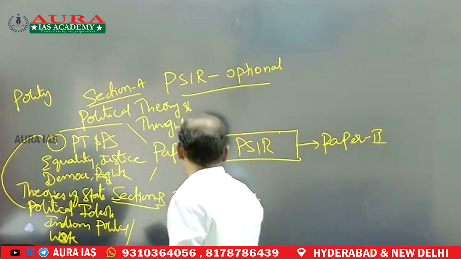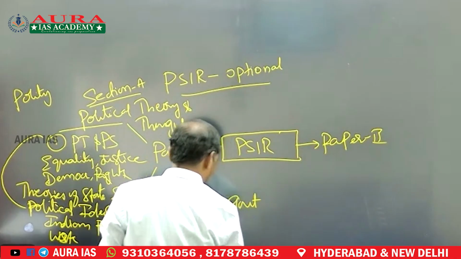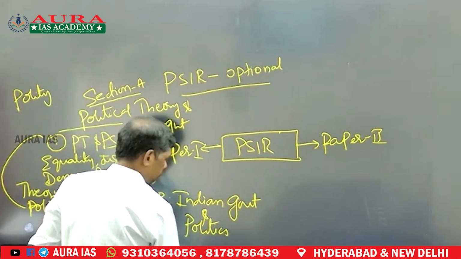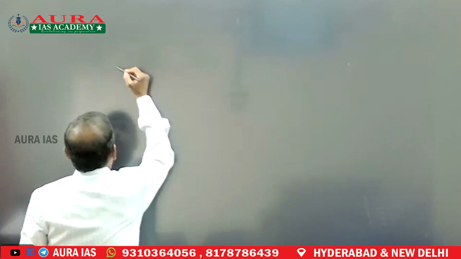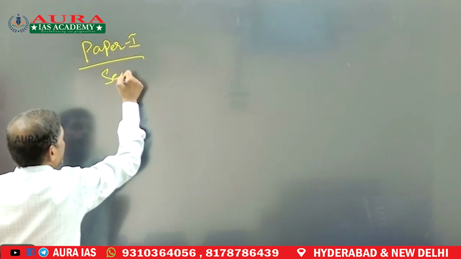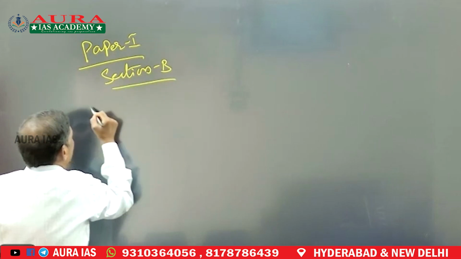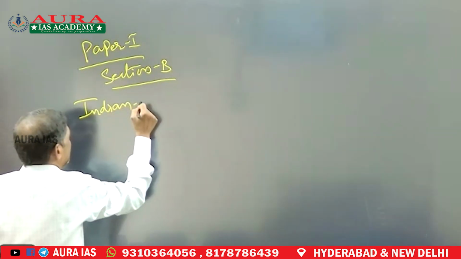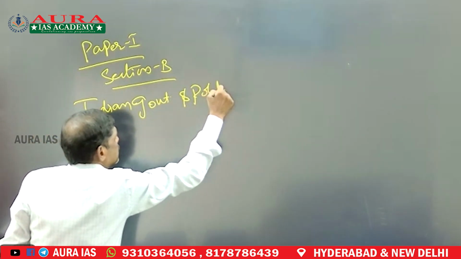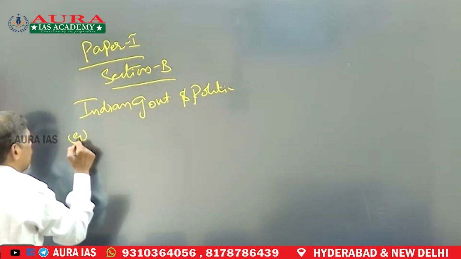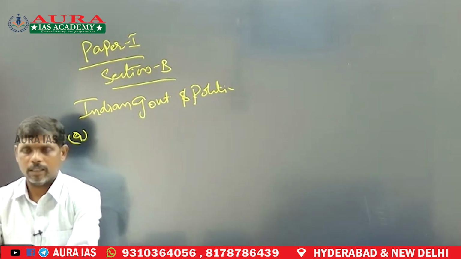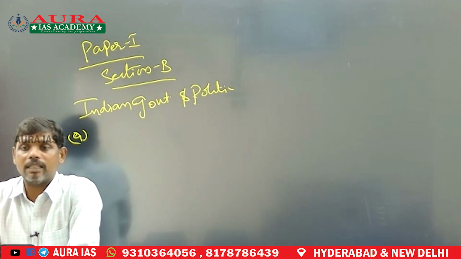Next, coming to the next part, that is Indian government and politics. If you take section B, paper 1, Indian government and politics, the first part is about the political understanding of Indian nationalism.